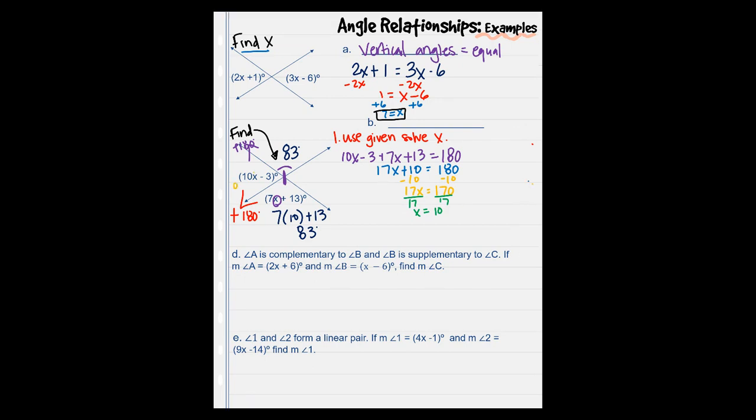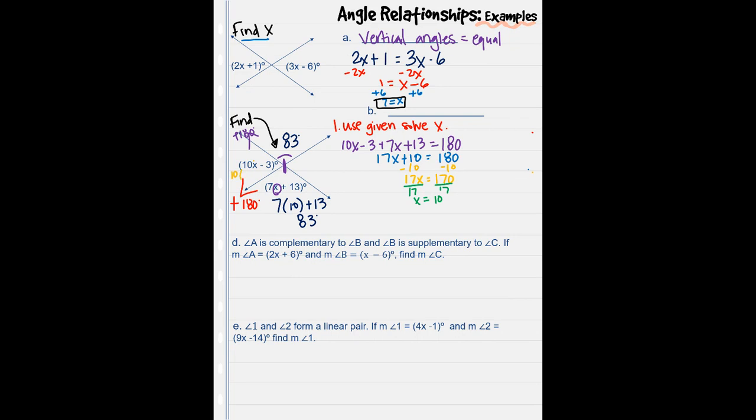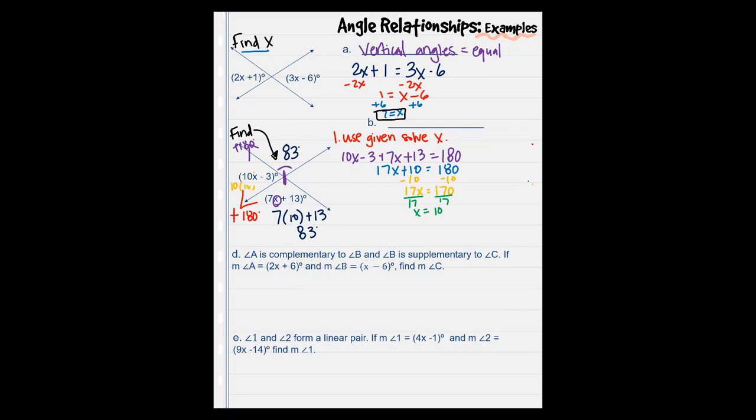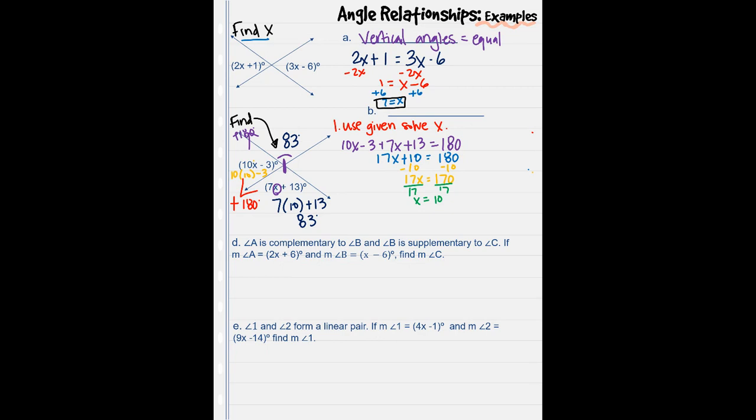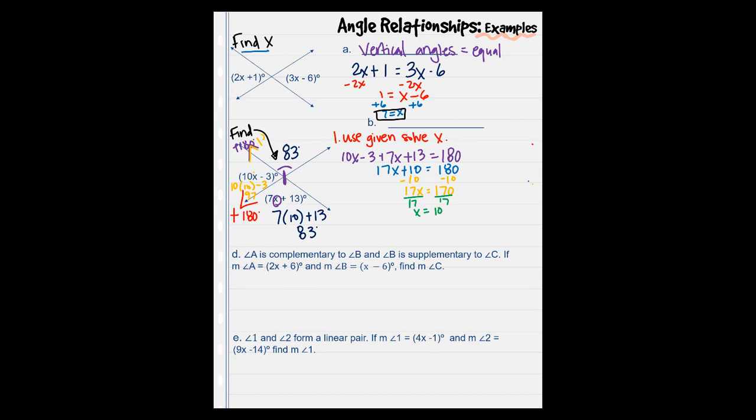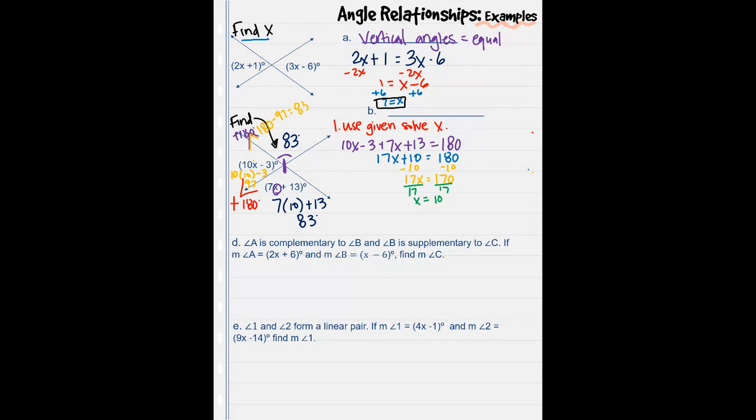So 10 times 10 minus 3. That gives me 97. And we know that our two angles here add up to 180. So I could take the 180 minus the 97, and that also gives me the 83.